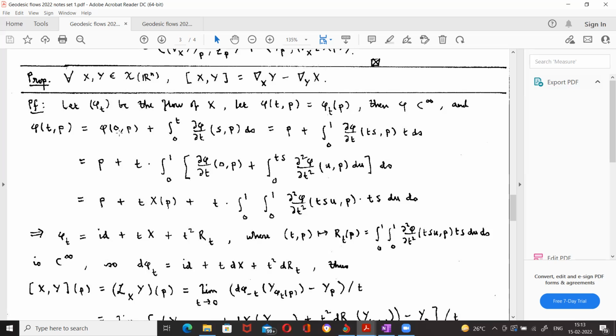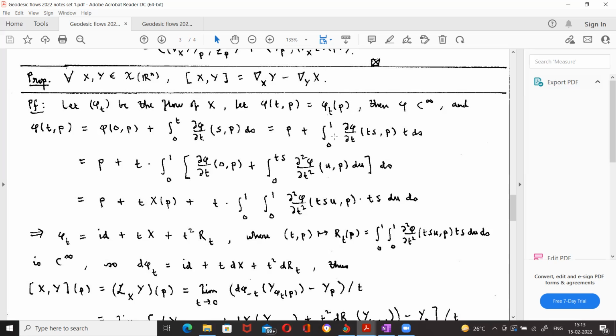And φ(0, p) is φ_0(p), which is just the identity. So this is p plus an integral, and here I make a change of variables so that the integral from 0 to t becomes an integral from 0 to 1. I just make a linear scaling.